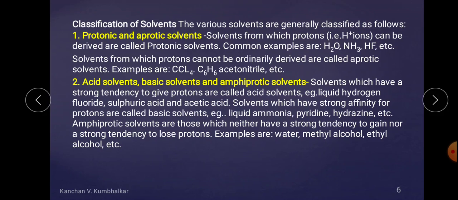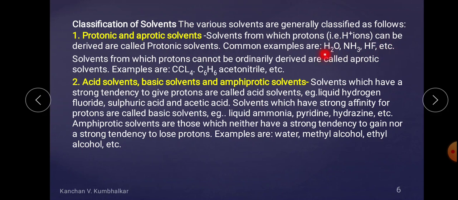Now the next important point is the classification of solvents. The various solvents are generally classified as follows. The first is protic solvent and aprotic solvent, depending on the proton. The solvent which contains a proton and which, after dissociation, can give a proton is known as a protic solvent. For example, H2O, NH3 and HF.